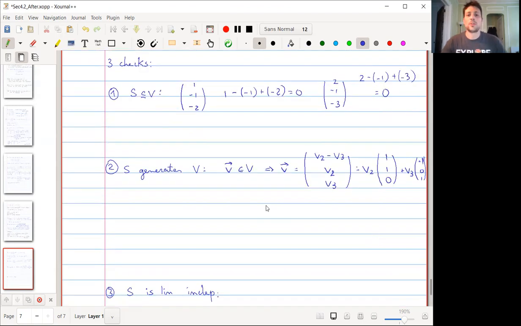Okay, so we wrote V as the span of these two vectors. Now, the question is, can we get 1, 1, 0 and minus 1, 0, 1 from our set S? If the answer is affirmative, then S generates these two generators, and so S is itself a generating set.